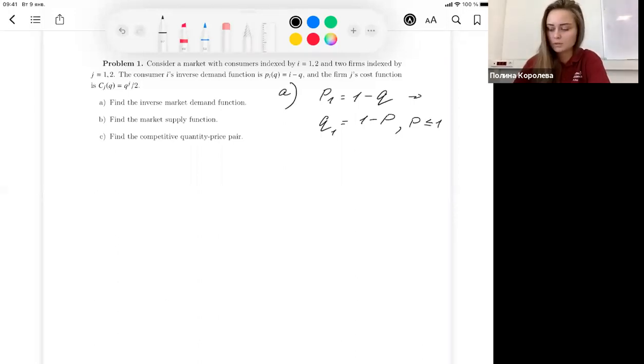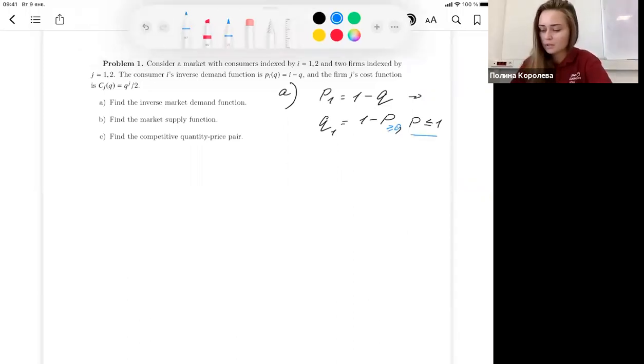Why is it so? Because we consume only a positive amount of good. Yes, we cannot consume minus 1 banana. Yes, so this Q should be greater or equal than 0. That's why prices should be less or equal than 1.